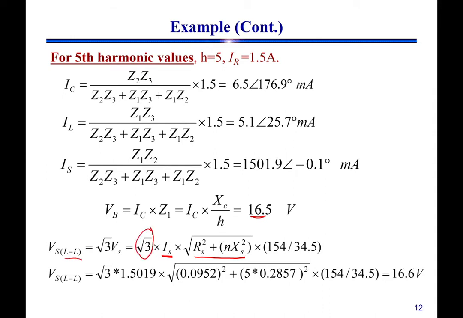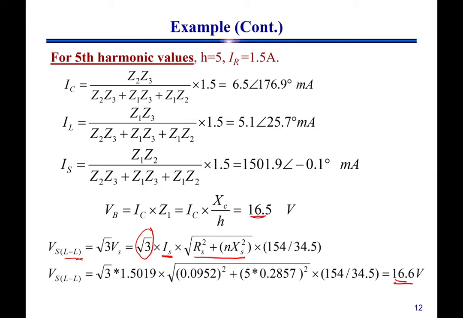And if we would like to refer to the high voltage side, we multiply by the high over the low. So the line voltage of the source will have a value of 16.6 at the fifth harmonic.